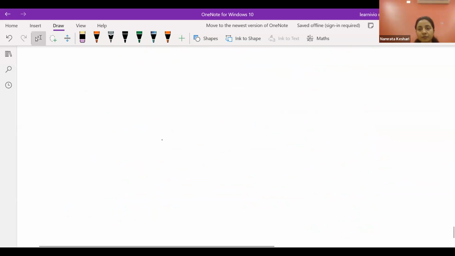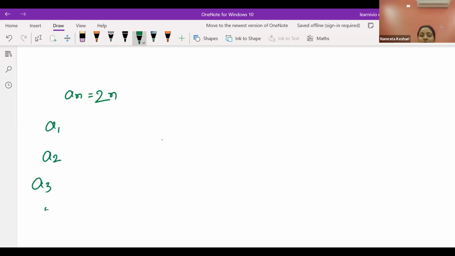Yes. Now, if we have the nth term of a sequence, for example, suppose I give you a sequence whose nth term is 2n. Then find the first term, the second term, the third term, the fourth term, the fifth term.